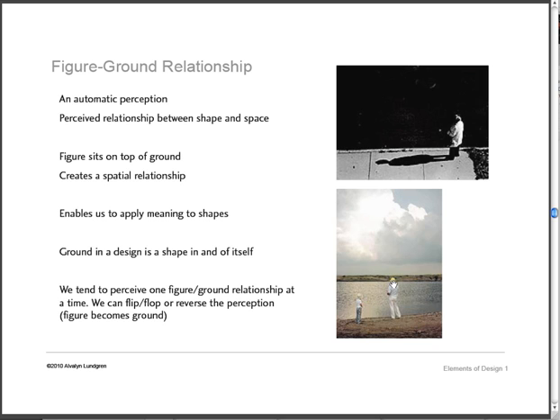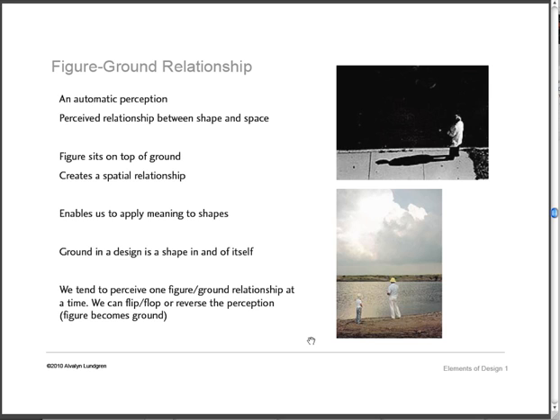If we're looking at this figure, we're not seeing this whole thing as ground. We're looking at this as figure and everything else around it is ground. Or we're looking at the boy or the boy and the man together and everything else is ground. If we're looking at the two figures combined with the bank that they're standing on as figure, everything else becomes ground. So we can only take hold of one figure-ground relationship at a time.